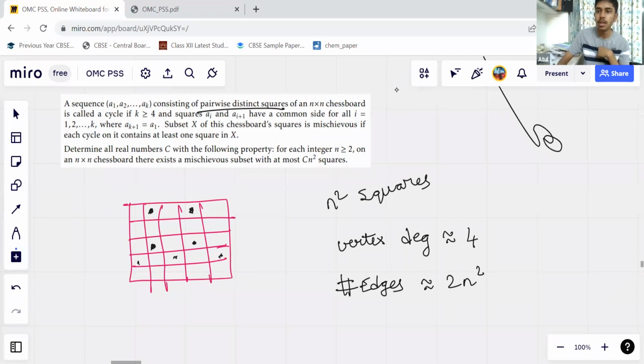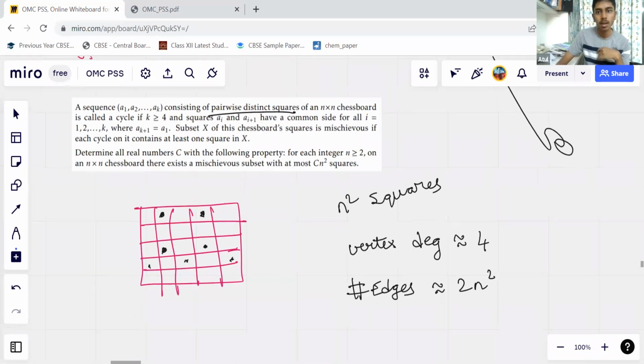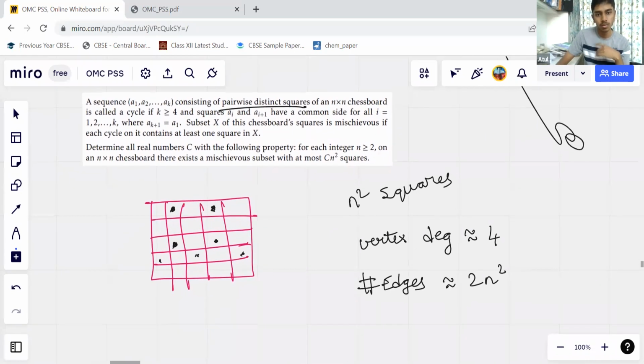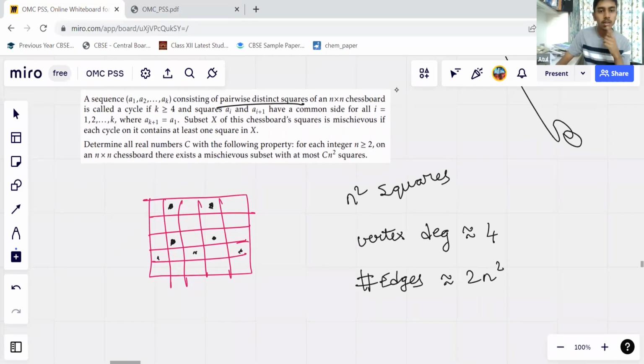And you sort of want to delete a bunch of vertices and, as a consequence, their edges too, such that among the remaining stuff, the graph is acyclic. So, okay, I think actually this construction is not very good.